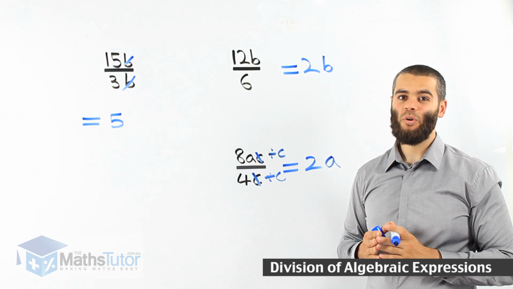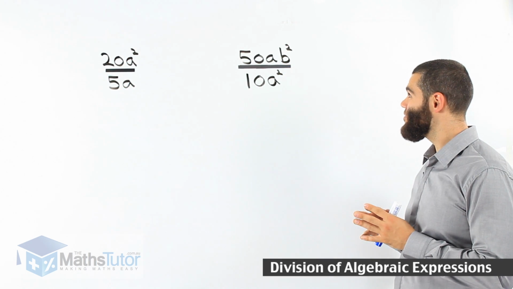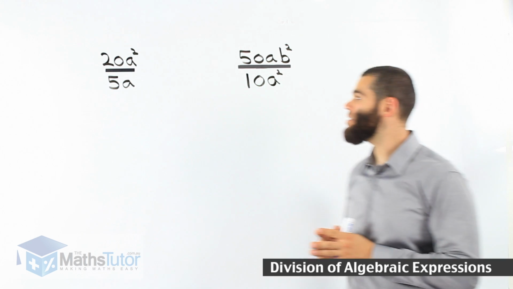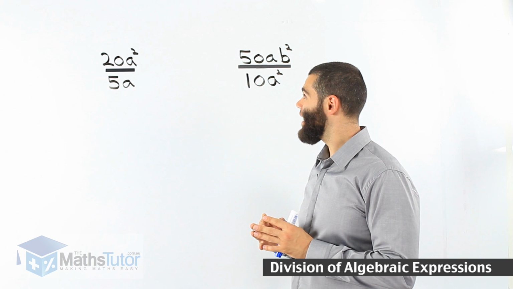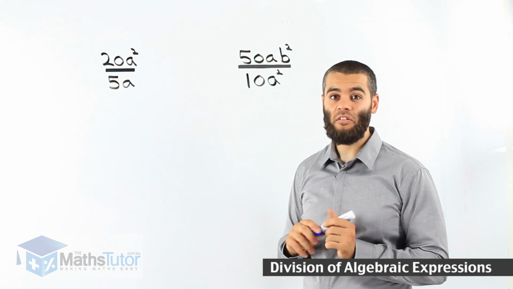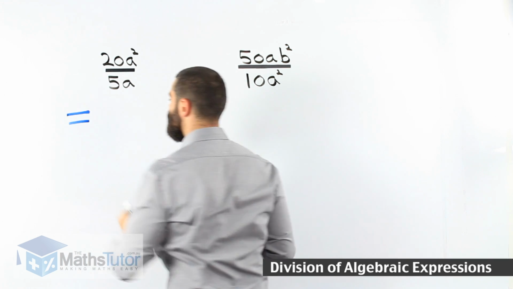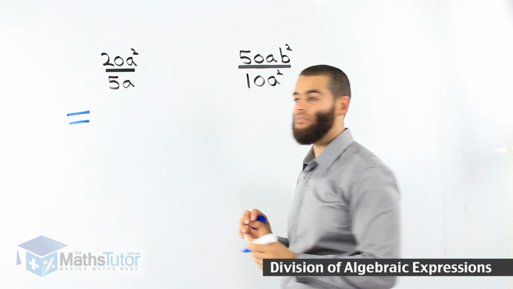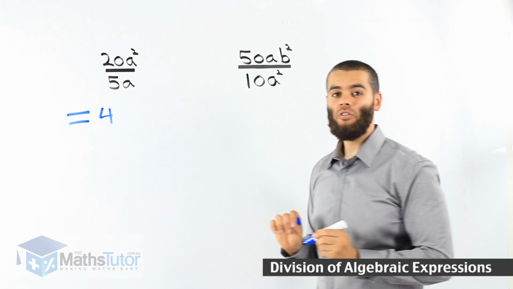Now, let's do some more examples. We have 20a squared over 5a. Well, again, it's a fraction bar, so it means divide. 20 divided by 5 is 4. But what do you notice?